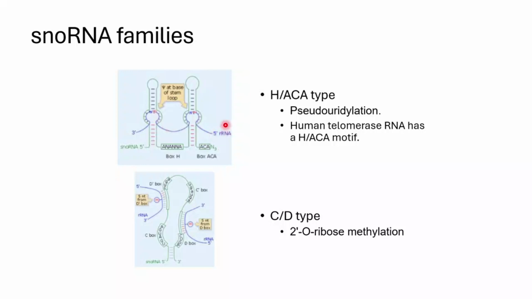And usually they will modify the tRNA and the ribosomal RNA, and there are 2 types of them. One of them is the HACA type, which turns a uridine into pseudouridine. And this is important, as I told you, for recognizing the RNA as your own, okay?